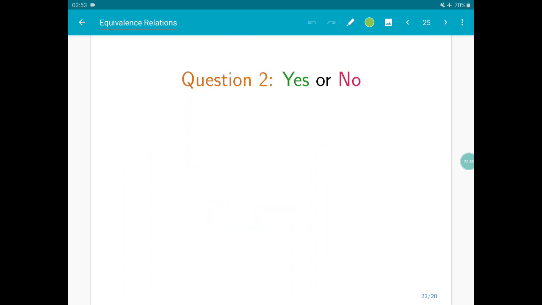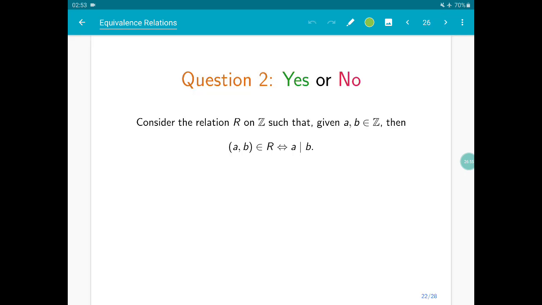Okay, again a question for you. So consider now the relation always on the integers, which says that two integers, a and b, are in relation if and only if a divides b. So the question here is, is R a symmetric relation?